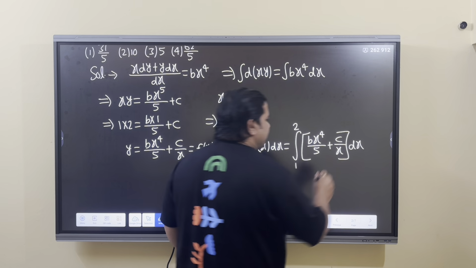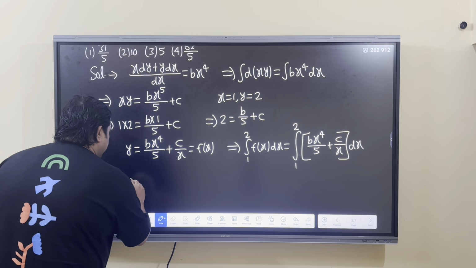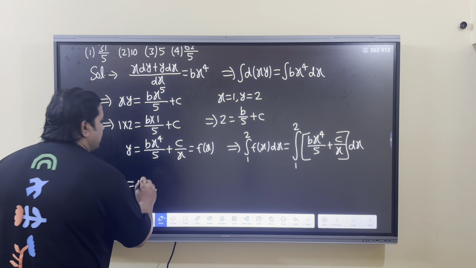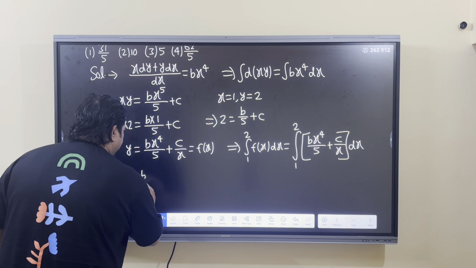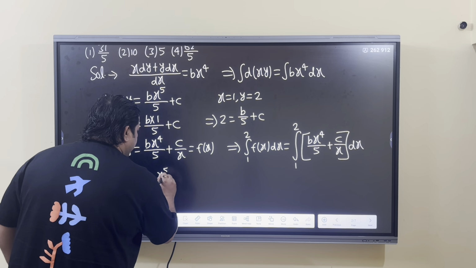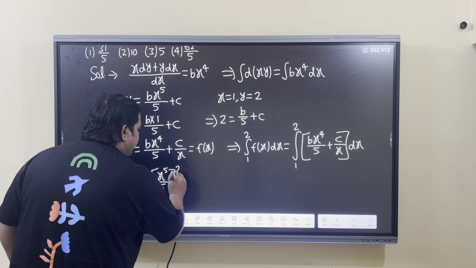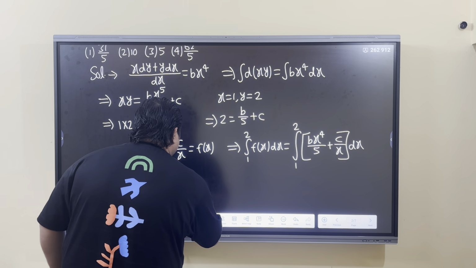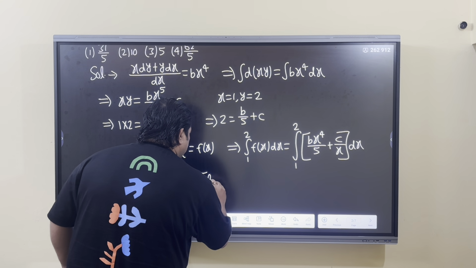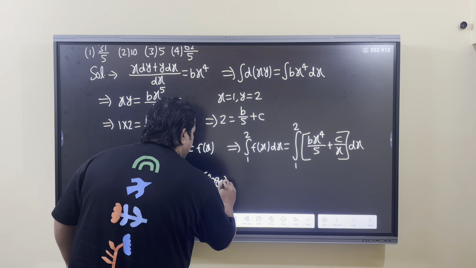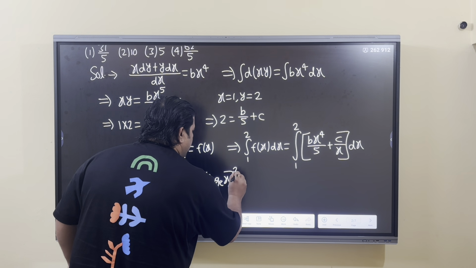So when we integrate this, we'll get b/5 into the integration of x^4, which will be x^5/5, where we put the lower limit 1 and upper limit 2. Similarly, the other one will be c into the integration of 1/x, which is log x, with limits 1 and 2.